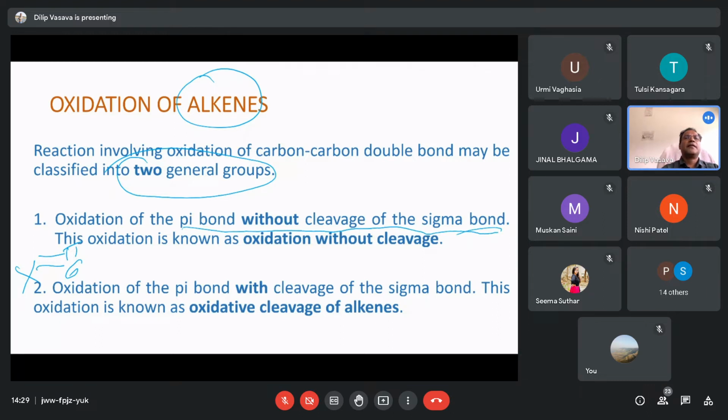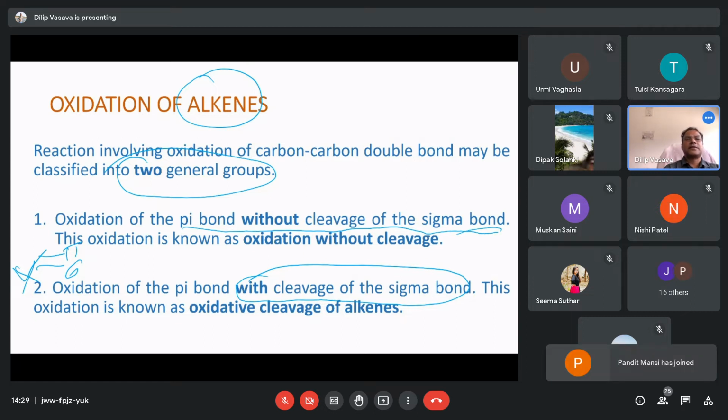Whereas the other type is the oxidation of the pi bond with the cleavage of the pi bond. So this pi bond is also getting cleaved.